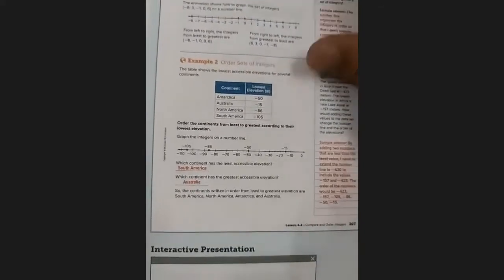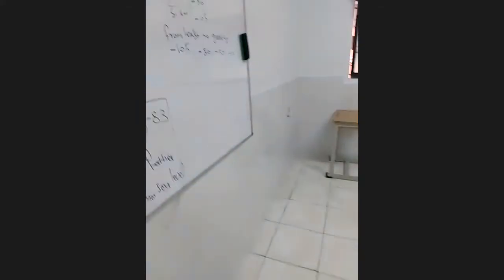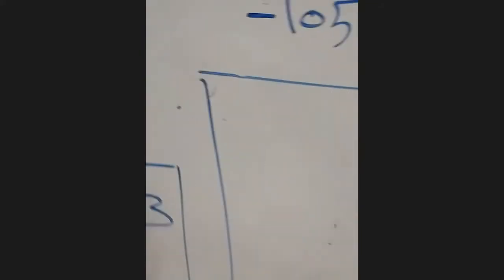This is example 2. Let's go to the check now. After example 2, we have the check, and let's read it together. Thank you, Yusuf. Hisham, can you read it?